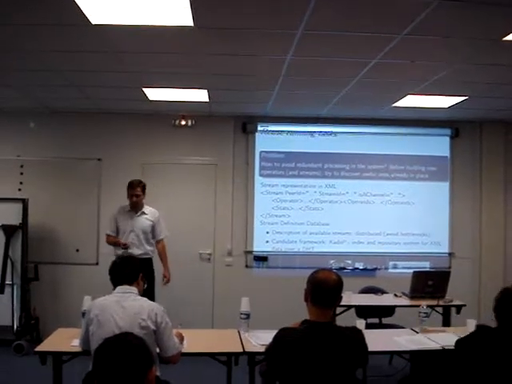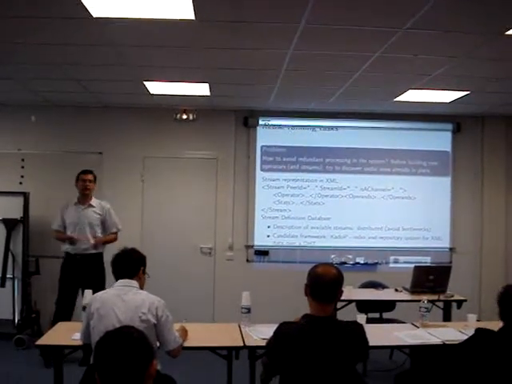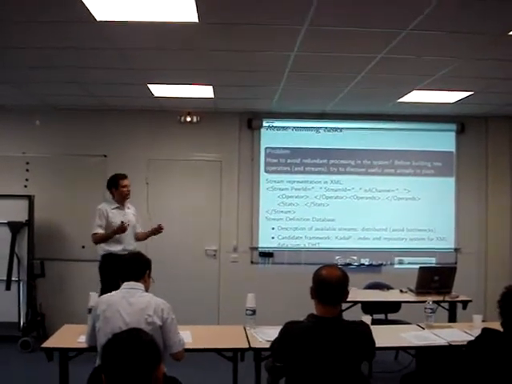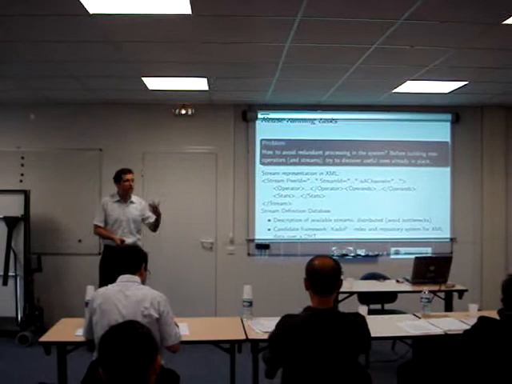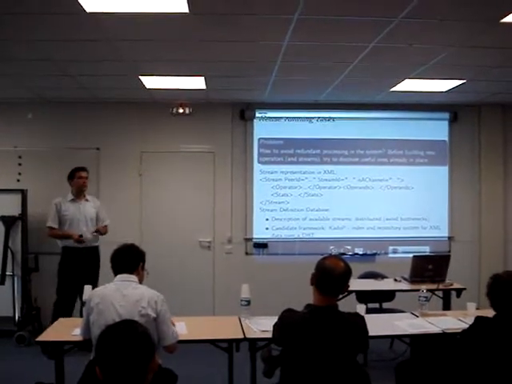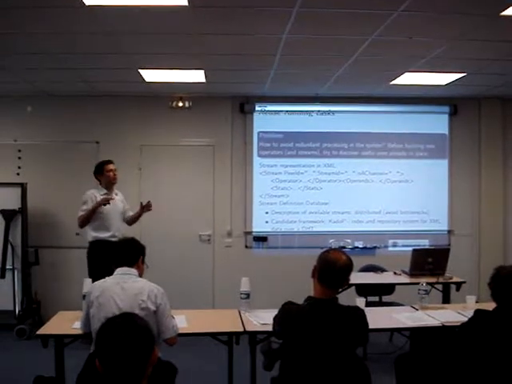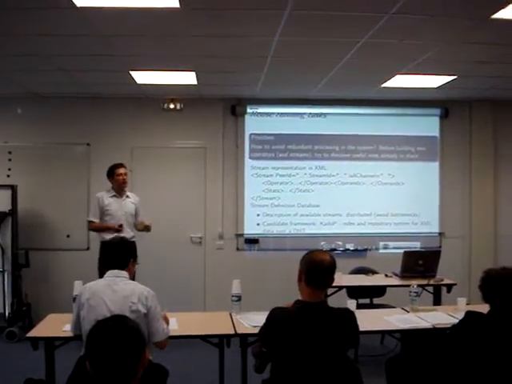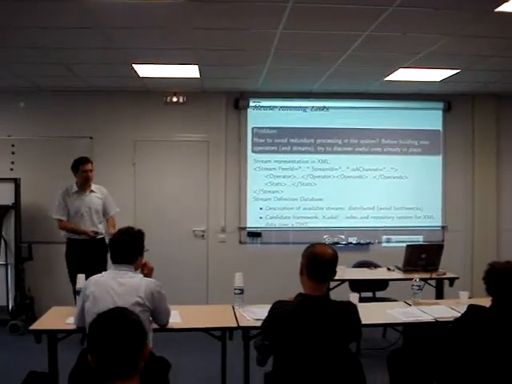Now, the second problem is how to avoid redundancy in such a system. So typically what happens is that we need to serve a new subscription. We look at what is currently done in the system, and we try to serve at best parts of the subscription based with processing that is already done in the system.